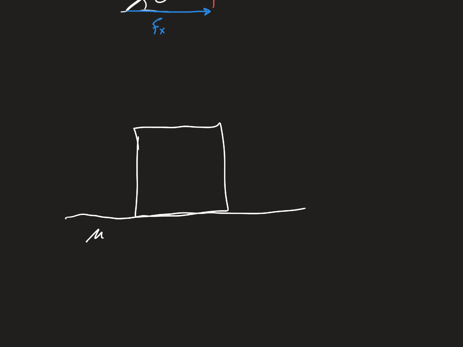I know that there is a force of gravity on the object. There is a normal force, the interaction between the floor and the object. And there's a force being applied at an angle. I'm going to call that F1, and here's my angle. And then, of course, I'll have friction pointing that way. And let's just say it has a mass of m.